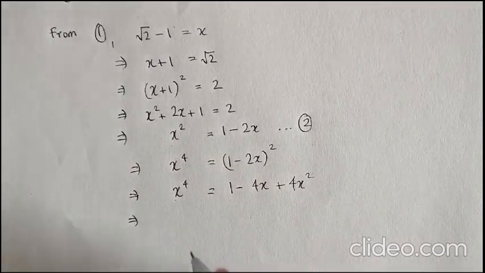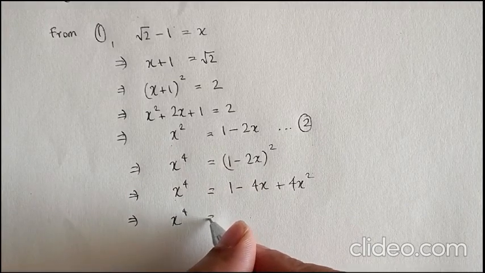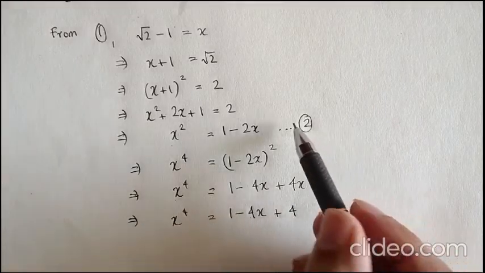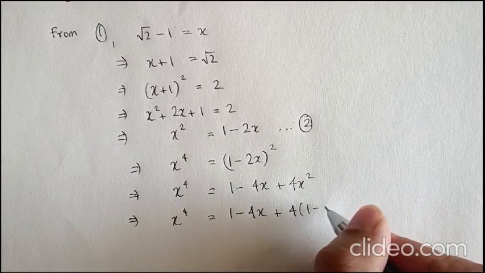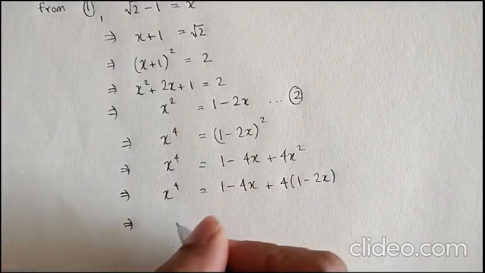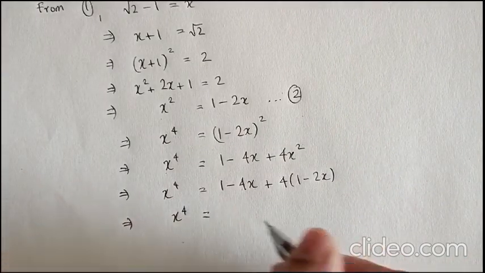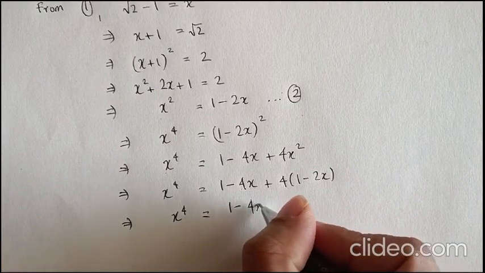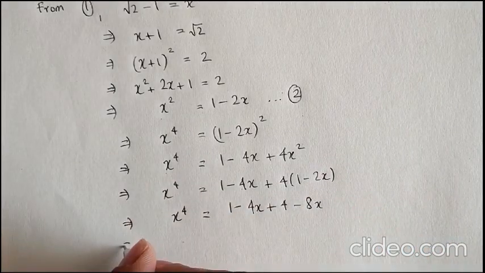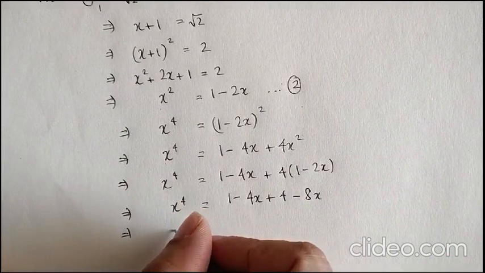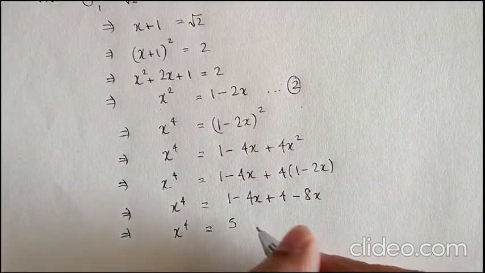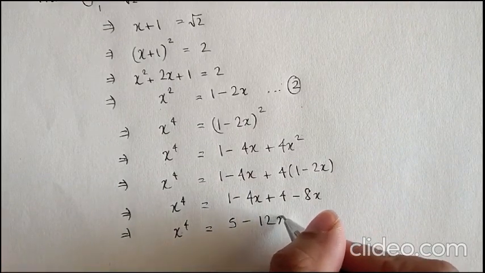So this will mean x to the power of 4 is equal to 1 minus 4x plus 4, substituting for x squared, 1 minus 2x, which means x to the power of 4 is equal to 1 minus 4x plus 4 minus 8x, which means x to the power of 4 is equal to 5 minus 12x.